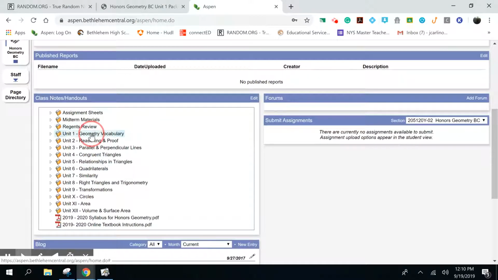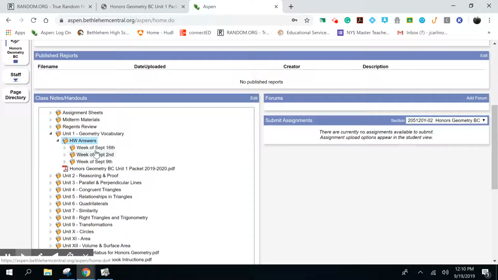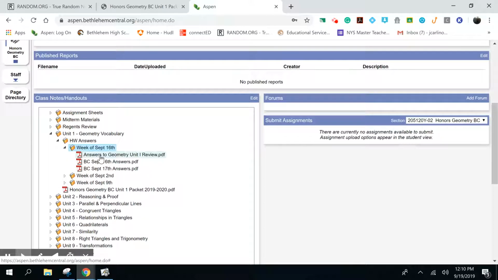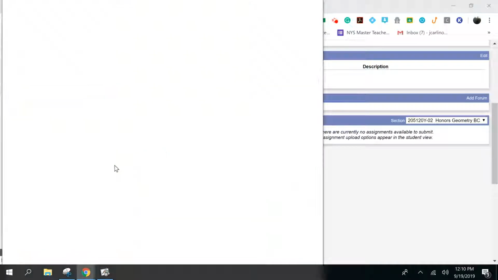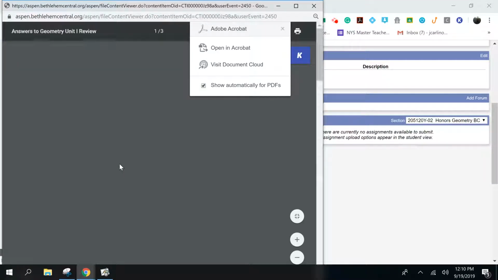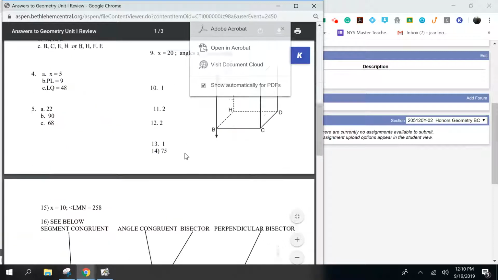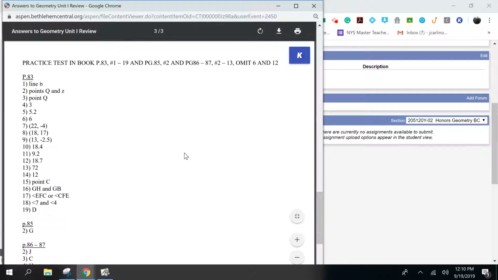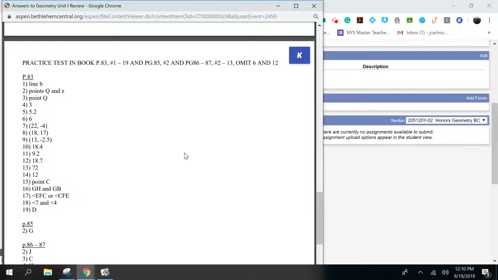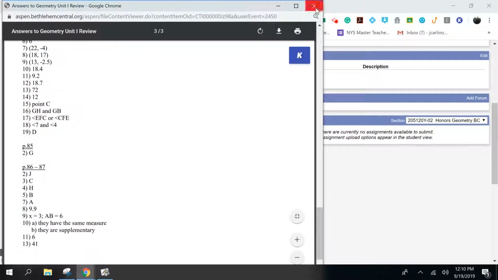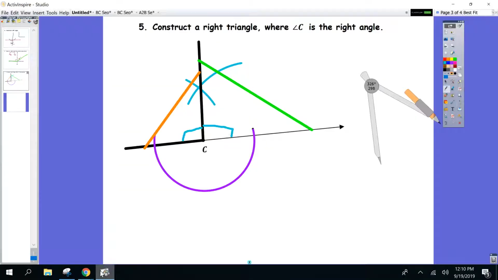Unit 1, homework answers the week of the 16th, and there it is, answers to geometry Unit 1 review. And that is both packet answers and book answers. They're all there for you. So that's where you can go to review and prepare.